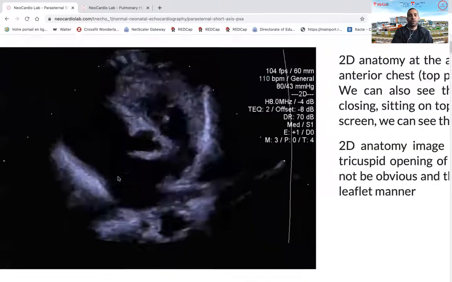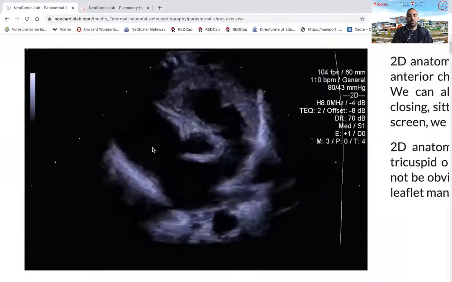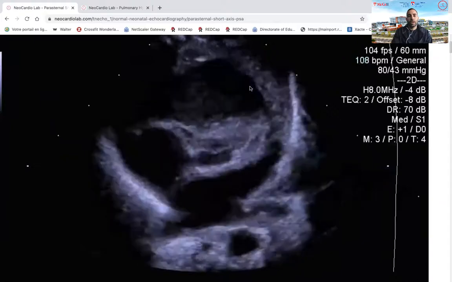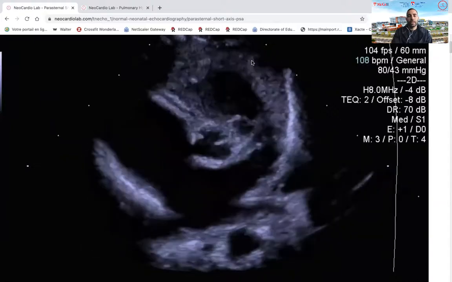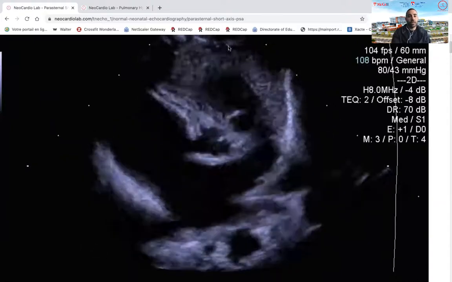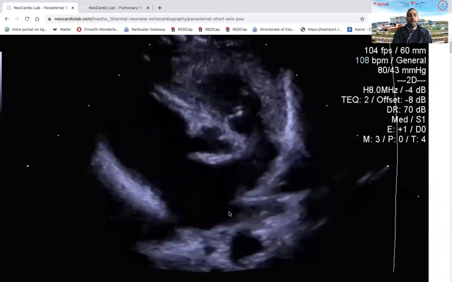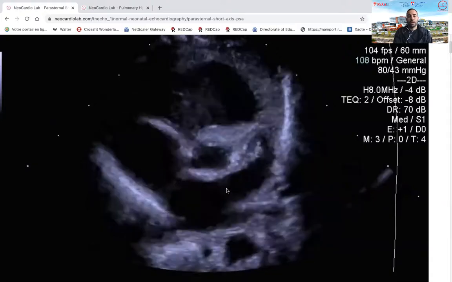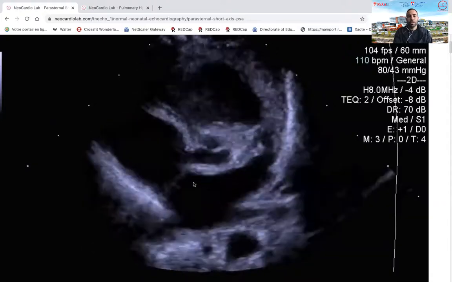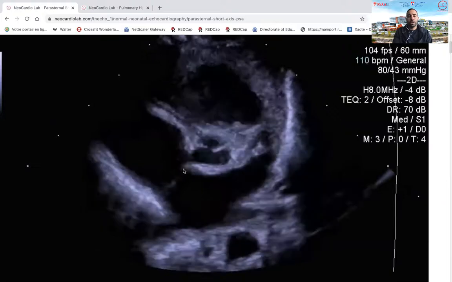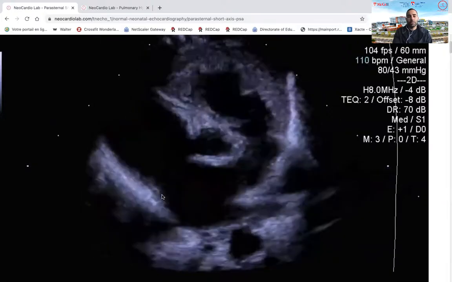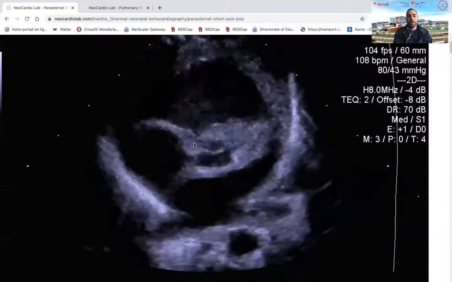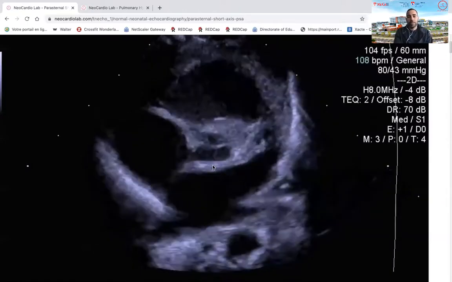If we start with the first view here, you can see that the RV outflow tract is in your anterior chest. In the back of your chest, you can see your left atrium. We can also see some degree of the interatrial septum. We can see the right atrium. We can see the aortic valve that looks a bit like this peace sign.